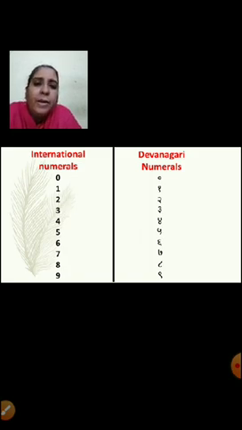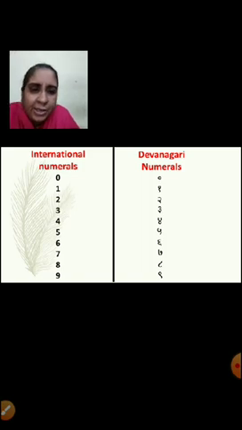Now, how 1 is written in Hindi you can see. 2, 3, 4, 5, 6, 7, 8, 9. Once you know how the international numerals are written in Devanagari numerals, you can write both ways. If Devanagari is given, you can write in international. If international is given, you can write in Devanagari numerals, right?